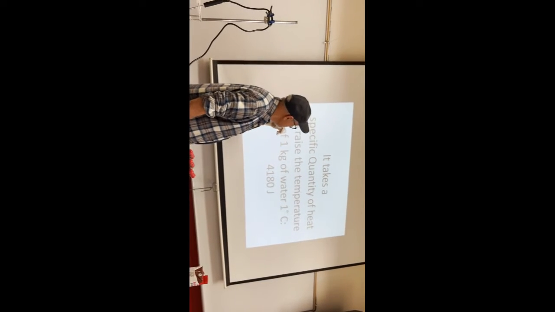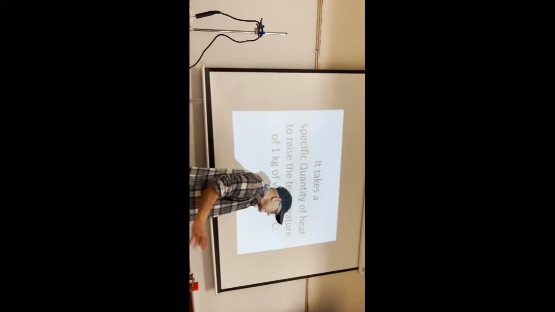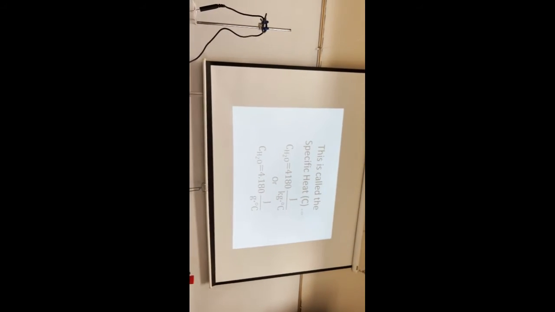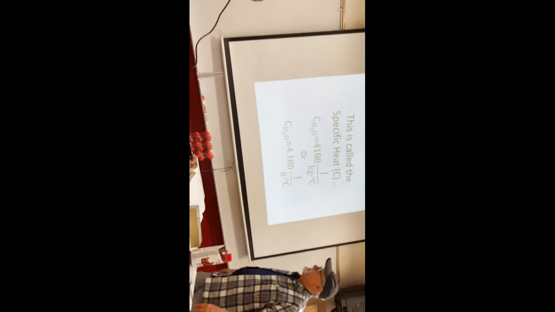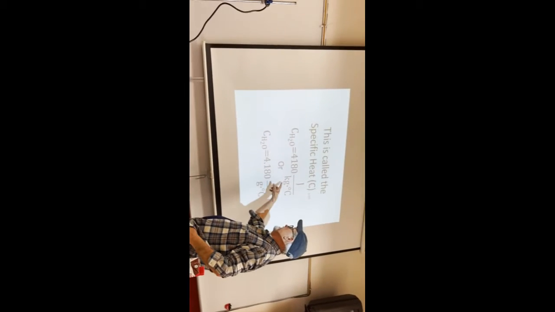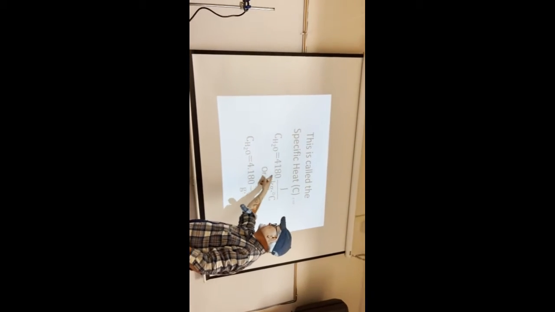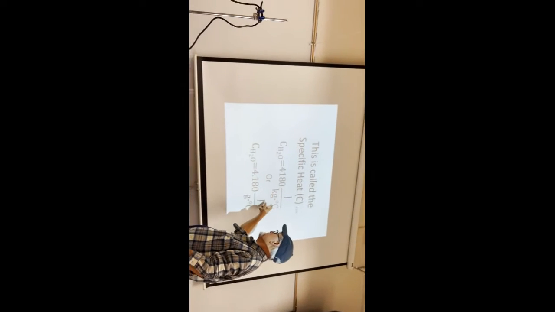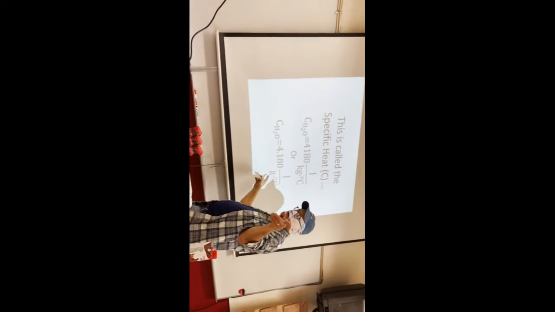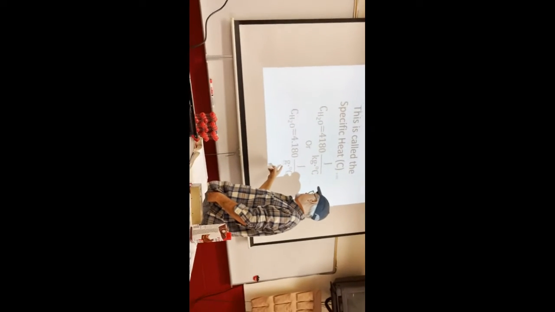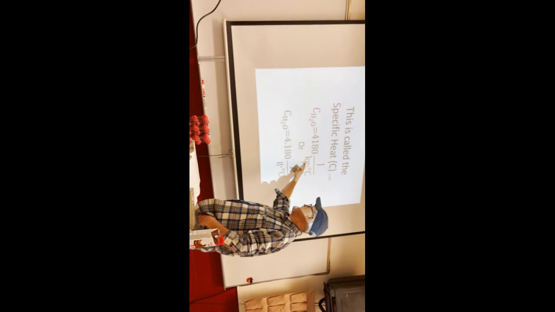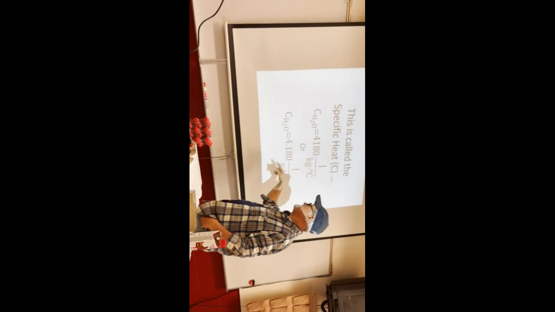So it's called the specific heat, symbolized by C. For a kilogram, the specific heat of water is 4,180 joules per kilogram degree Celsius. For small quantities, it's 4.180 joules per gram degree Celsius. You just move the decimal because there's 1,000 grams in a kilogram.